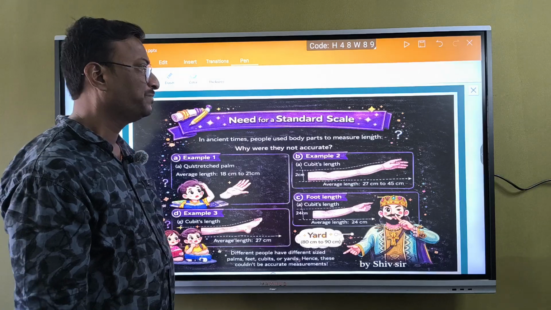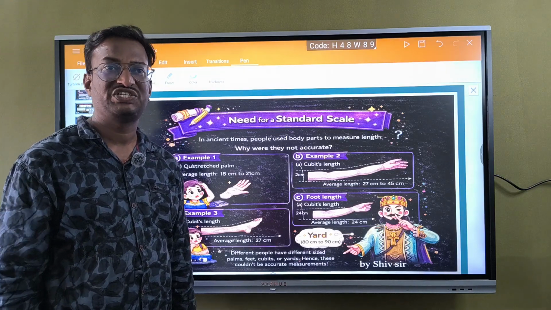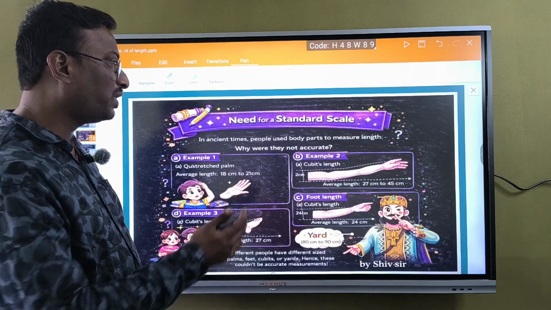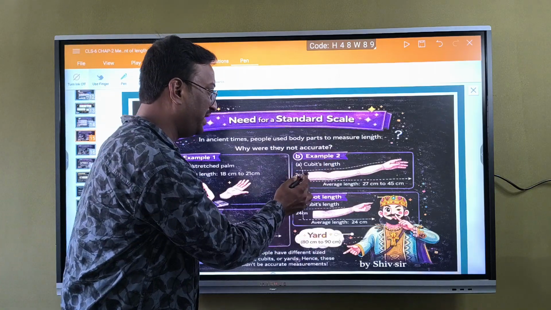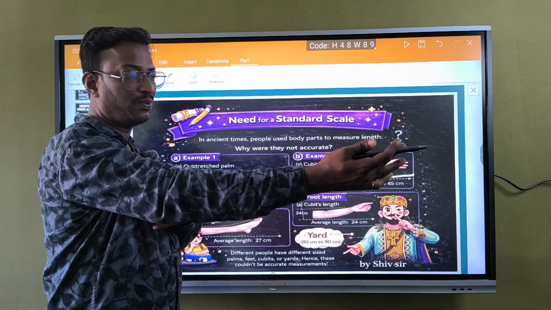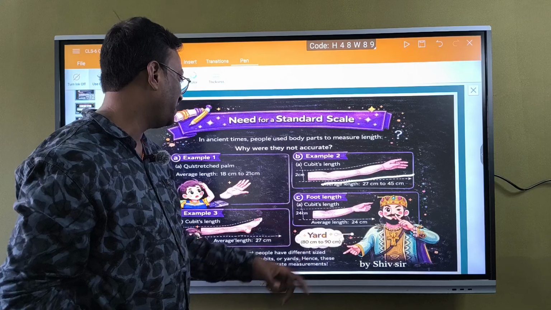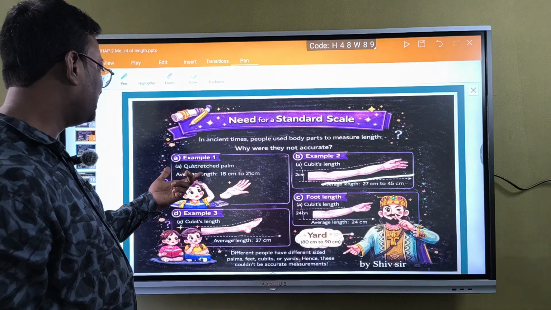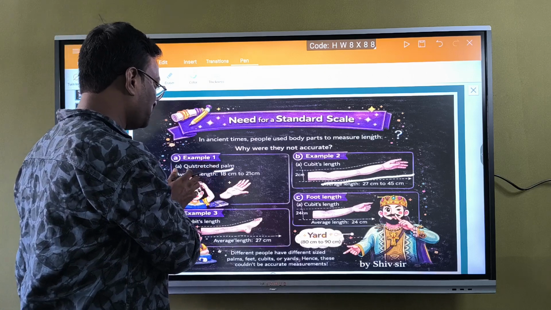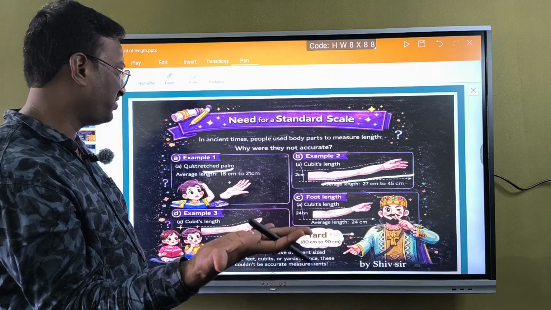Next thing is the need for a standard scale. What is the necessity of using a standard scale? In ancient times people used body parts for measurement. Like the cubit, the average length. Few hands will be small and few hands will be larger, so we cannot get an accurate reading with that. Even the stretched palm will be different for different people.